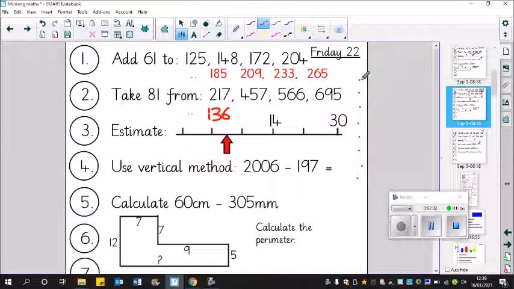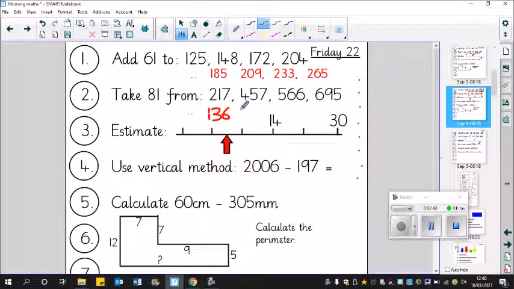457. Take away 10 is 447, 437, 427, 417, 407, 397, 387, 377.